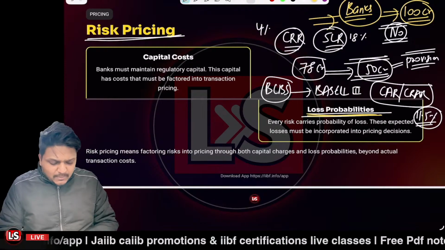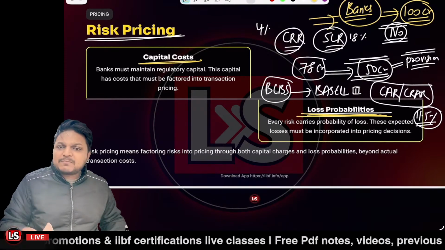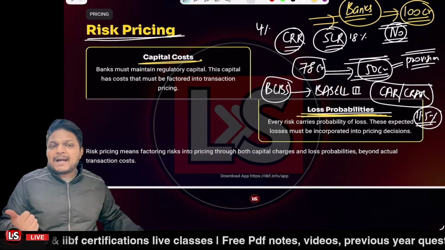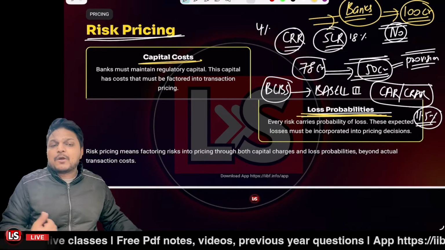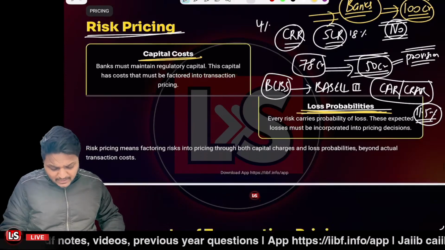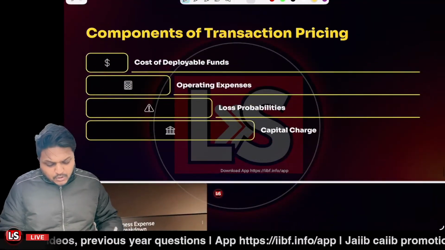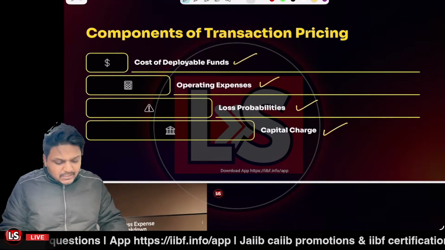So it's not only about the capital or the loss probability, but also the other expenditure which the bank is to incur, and for which it is to set aside profits or charges. So the price should take into account different factors: cost of deployable funds, operating expenses, loss probabilities, and capital charges.